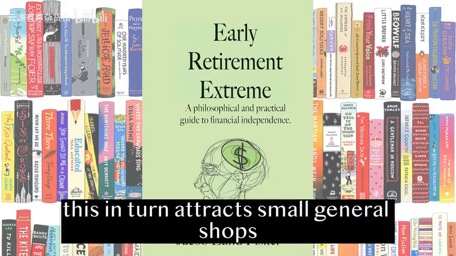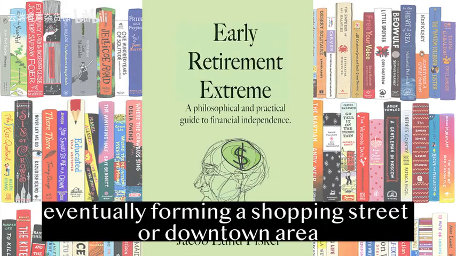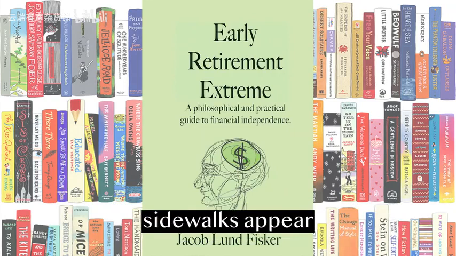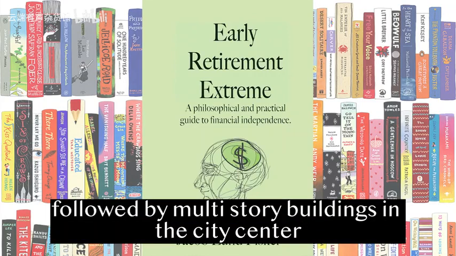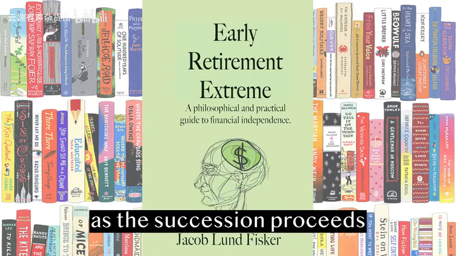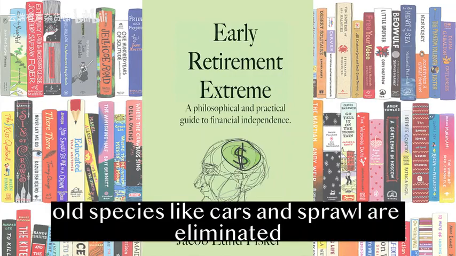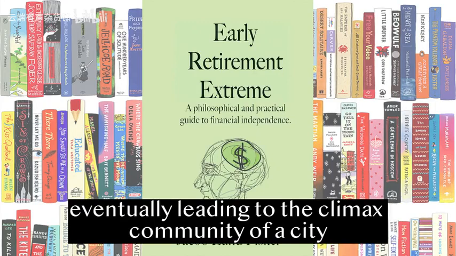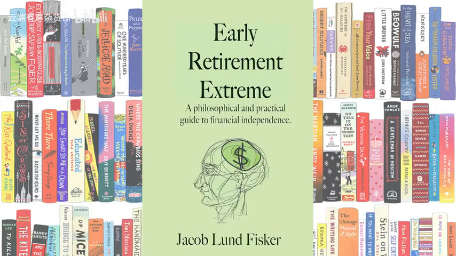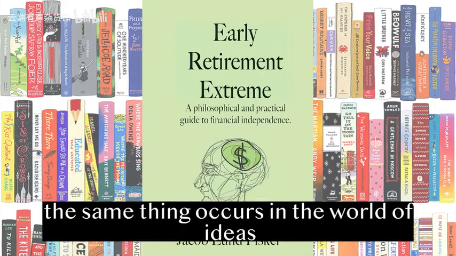This in turn attracts small general shops, eventually forming a shopping street or downtown area. Sidewalks appear, followed by multi-story buildings in the city center. As the succession proceeds, old species like cars and sprawl are eliminated, eventually leading to the climax community of a city. The same thing occurs in the world of ideas.